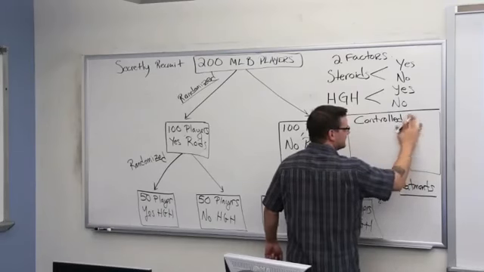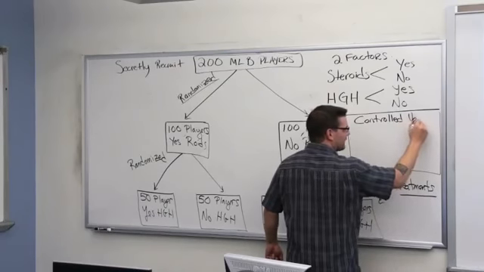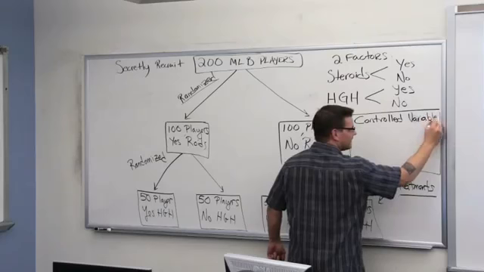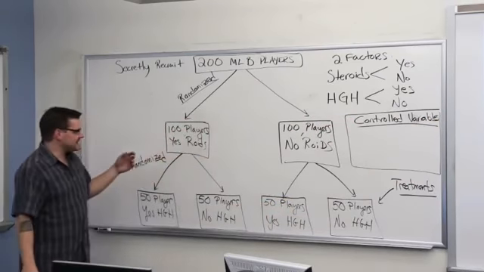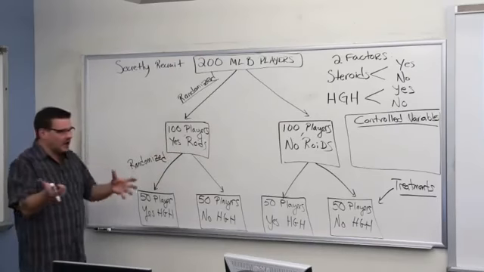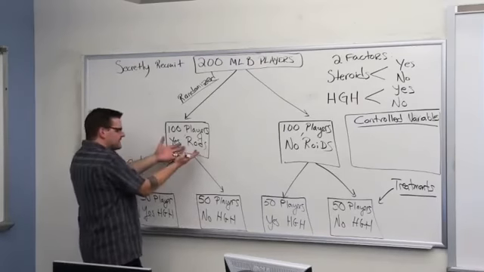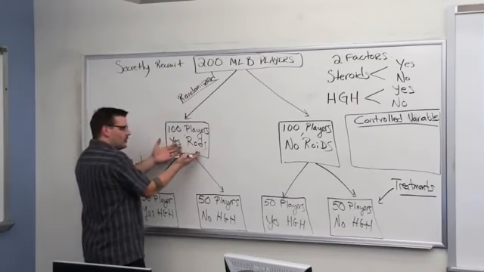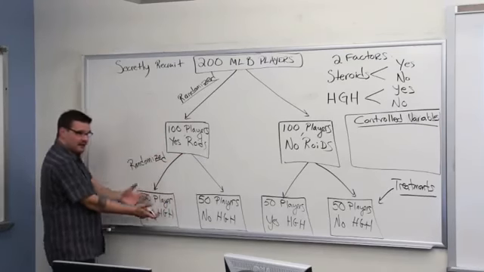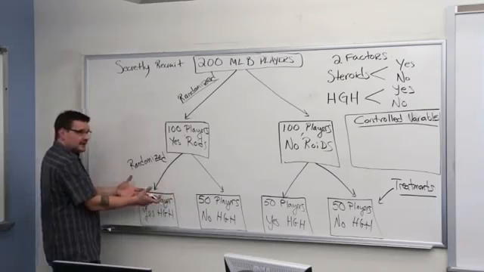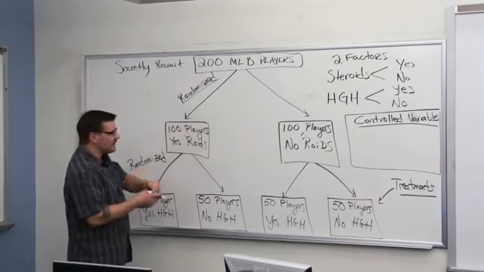Well, I'll call this controlled variables, generically. The idea is this. I really want to get to the heart of, is it the roids that cause you to hit more home runs, or possibly the roids and HGH? I want to figure out which combination does that. I need to control some things.